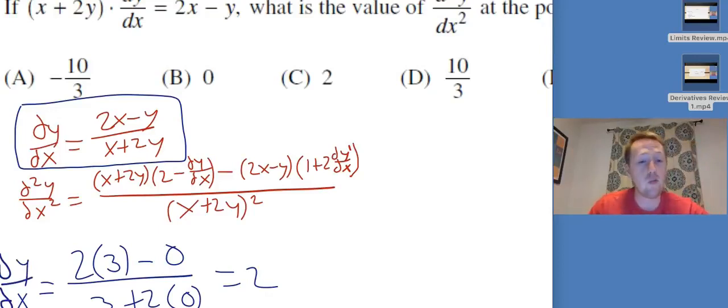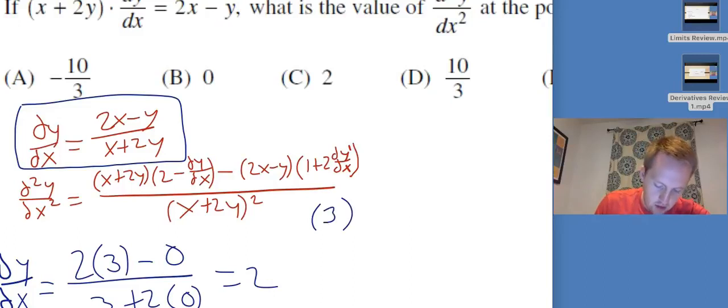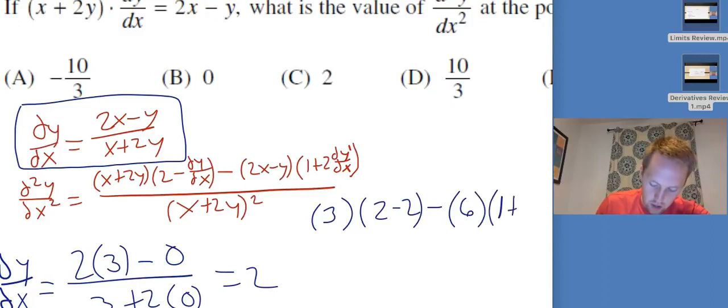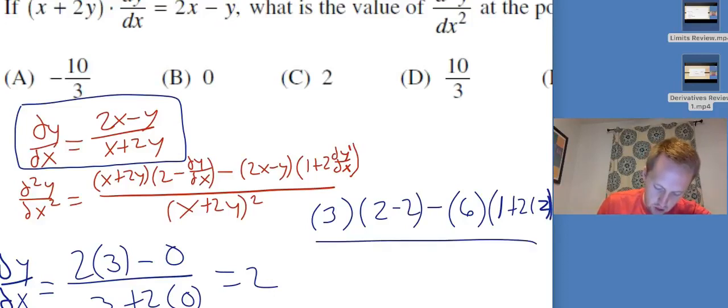So I'm going to plug in 3 for all the x's I see, 0 for all the y's, and 2 for all the dy dx's. So this is going to be 3, just 3 because 2 times 0 is 0. 2 minus 2 minus 2 times 3 is 6, minus 0 is 6. 1 plus 2 times 2, all over 3 plus 0 squared.